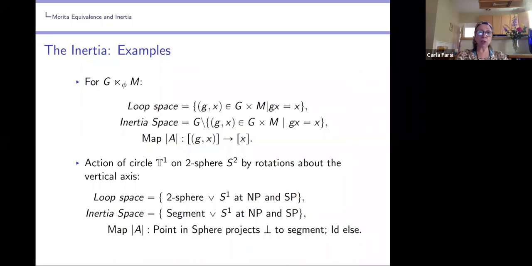So this inertia space is the segment with an S1 attached at the North Pole and one at the South Pole. And this map brings a point in the sphere to the segment. And of course, on the S1 it is the identity.